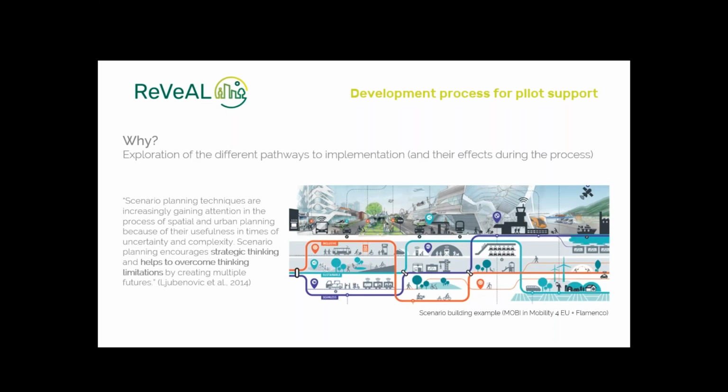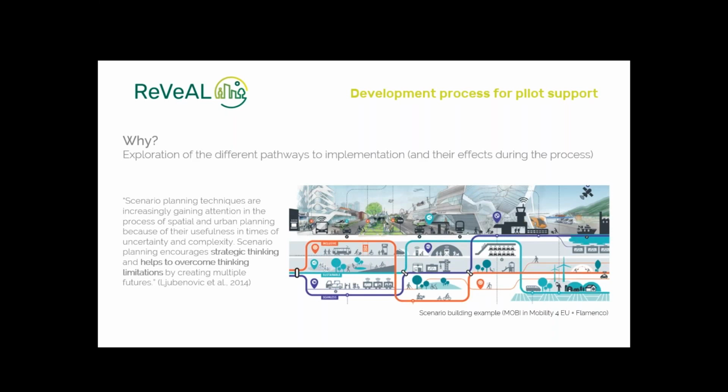But for our pilot cities in the project, there are different pathways possible to implementation, and their effects during the process can be different. That's why, in a second focus, we focus on a development process for UVAR, because strategic thinking helps to overcome certain limitations. And this is something that I will clarify a bit later on.